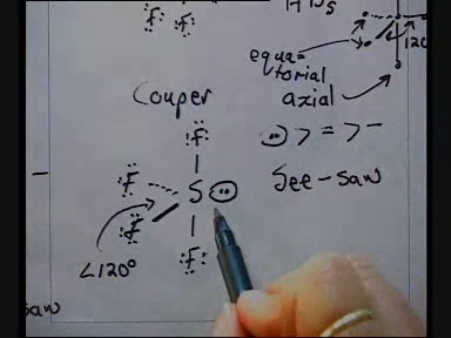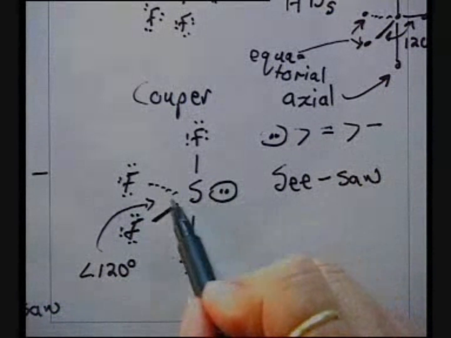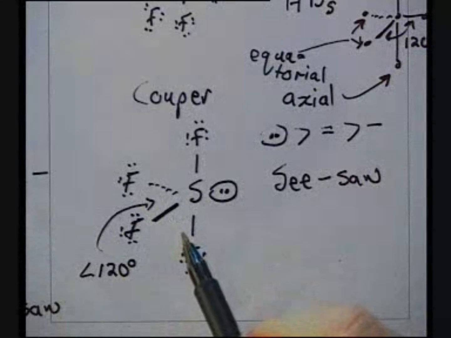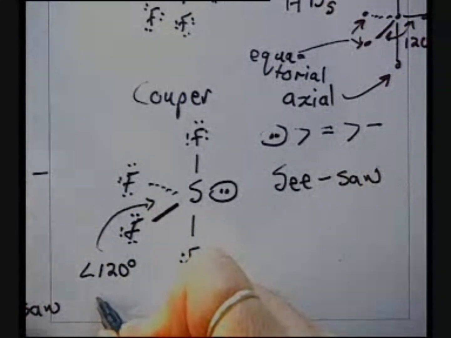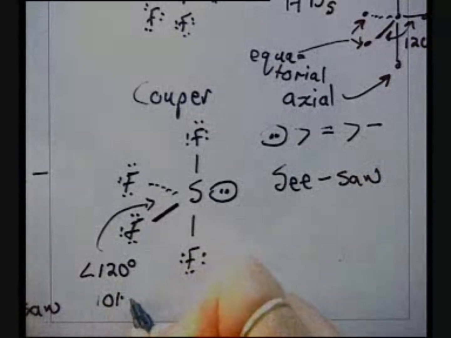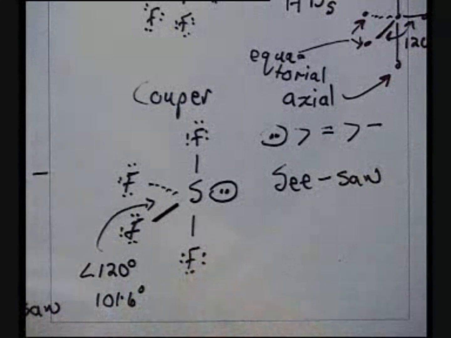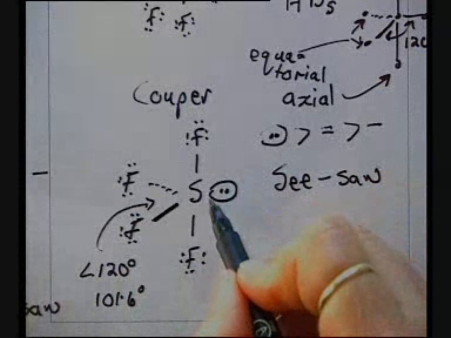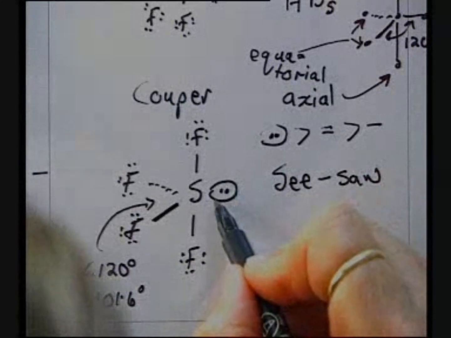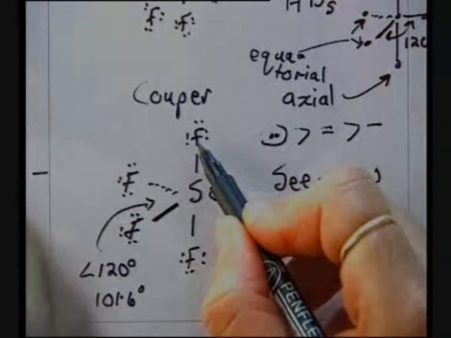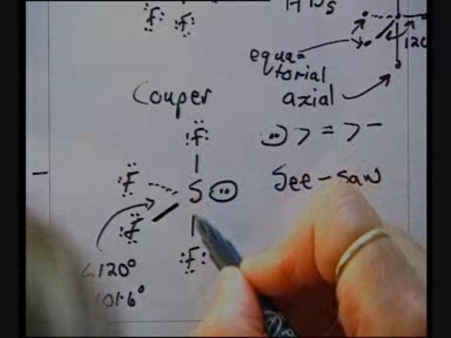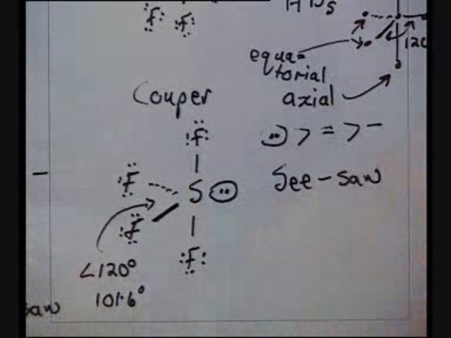So the repulsion of the charge of the lone pair will cause these single bonds to move a bit closer together. And in actual fact, we find that the bond angle is 101.6 degrees. The repulsion of this lone electron pair will also influence the bond angle of the fluorine axial, sulfur, fluorine axial positions.